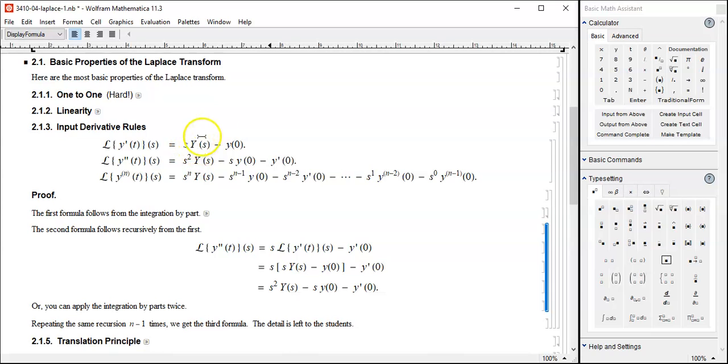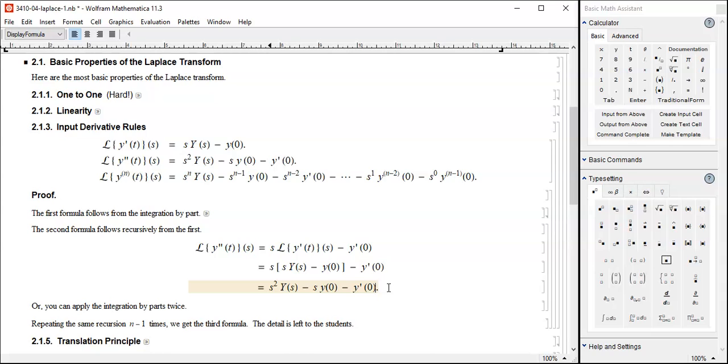Then you're going to get the Laplace transform of y prime here. And then instead of y of 0, I'm going to get y prime of 0 because I started from y double prime. And then how about this one? By the first formula again, we have s capital Y minus y of 0. So upon simplification, we get this.